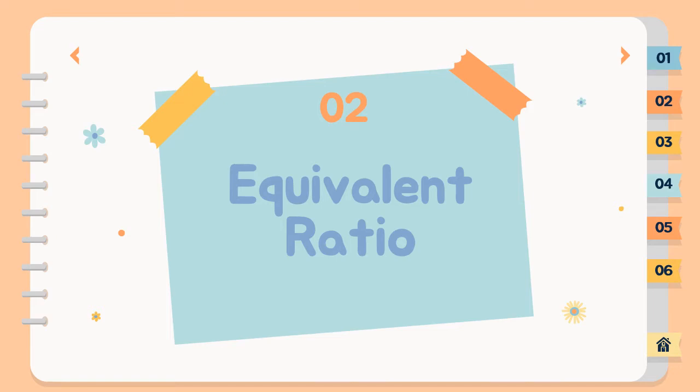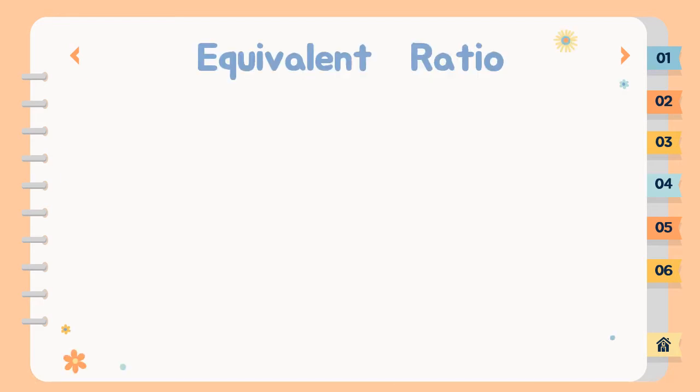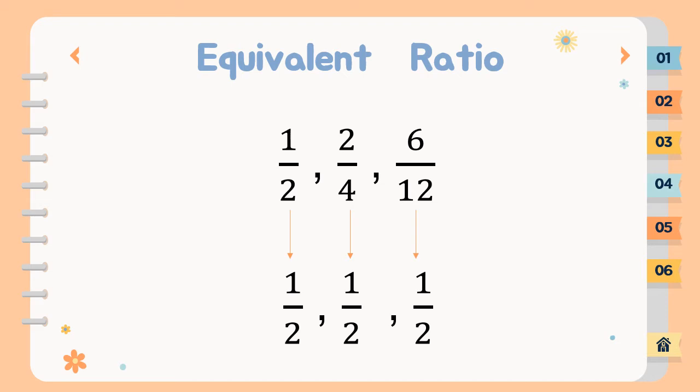Next, let's have the equivalent ratio. When we use equivalent ratio, our answer must be in the simplest form. Let's have an example of equivalent ratio. For example, we have 1/2, 2/4, and 6/12. They are equivalent since if we simplify them to simplest form, they all become 1/2.